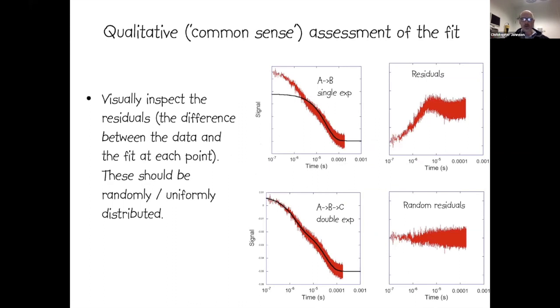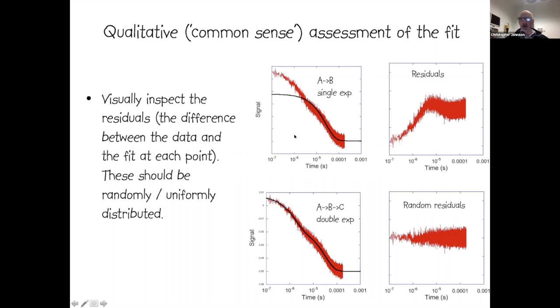And the residuals are just simply the difference. That's the data, or sorry, the fit subtracted from the data, or you can do it the other way around if you like. The residuals are just simply the difference between the data and the fit at each data point.